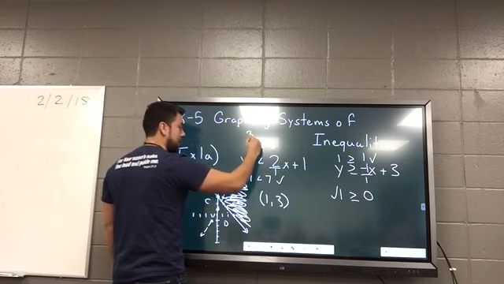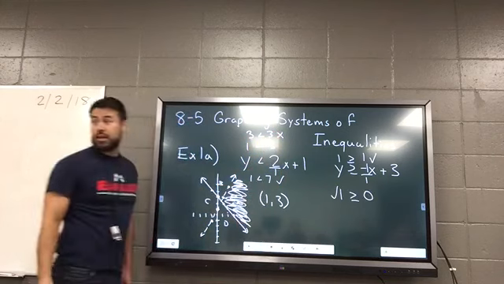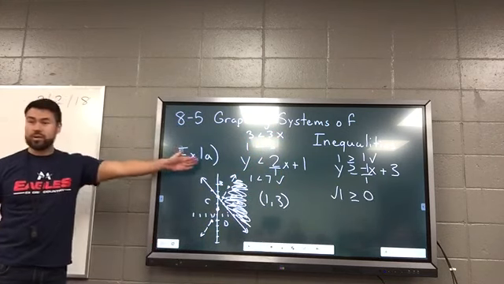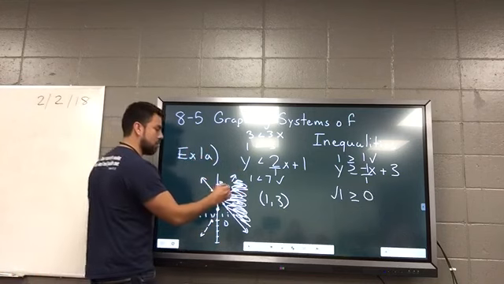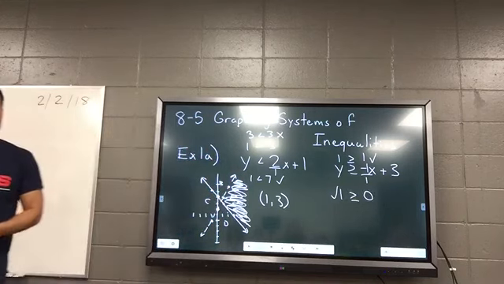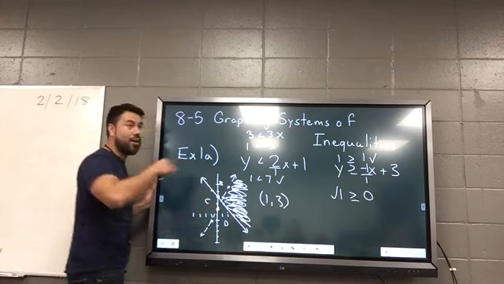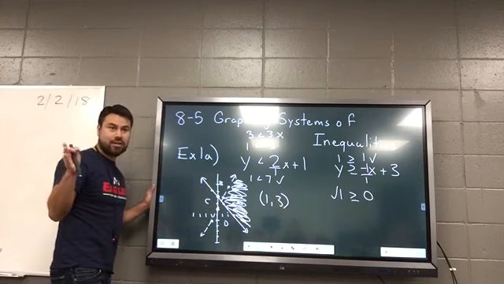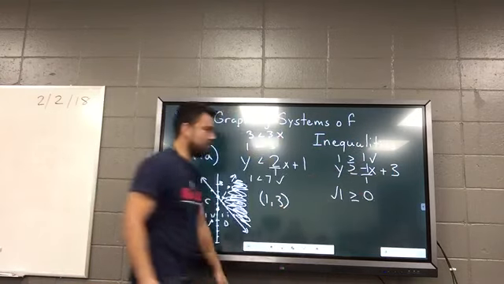Is 3 less than 3? No. So does it work on that first one? Nope. And even if it works on the second, it's not a solution to both. Do you guys see how you can check them? How many answers are there, by the way? Infinite. It's technically infinitely many. Is it any answer? No, but it is infinitely many because this region keeps going on and on into infinity.